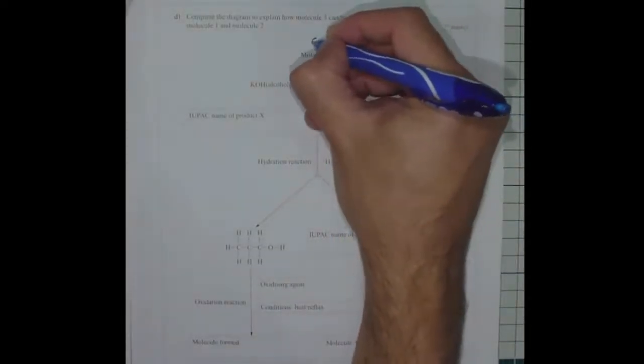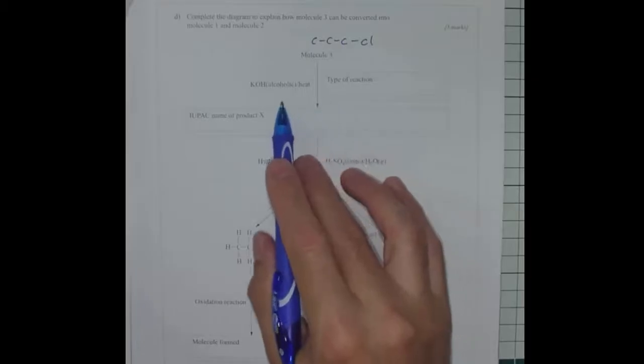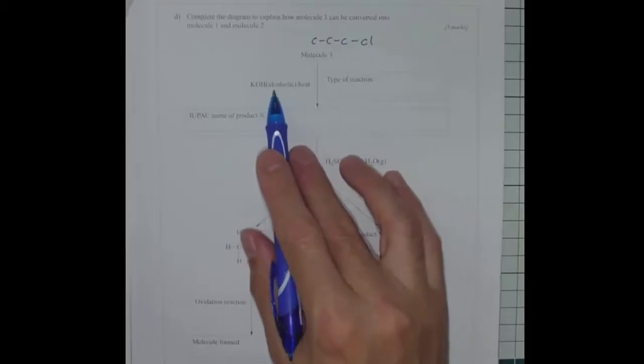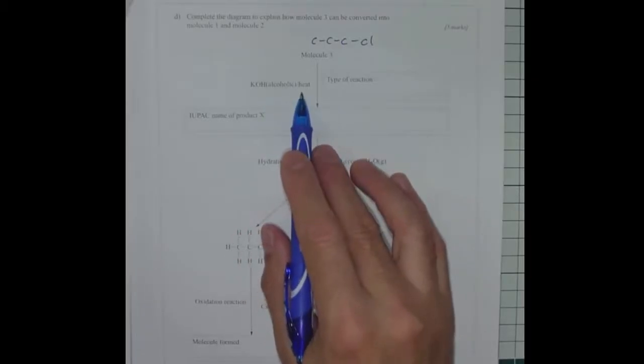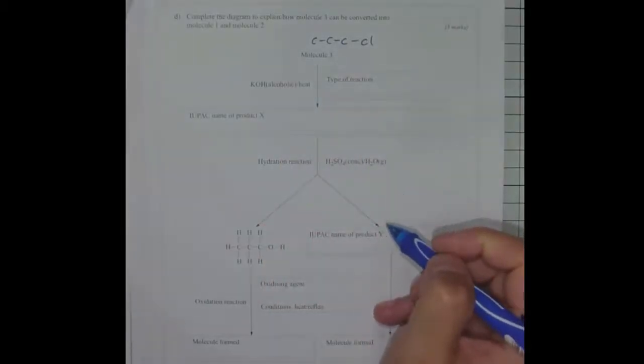This one here is going to need me flipping back and forth. Okay. So molecule 3 is this. And then some sort of reaction halide. So there's 2 reactions you should know from that.